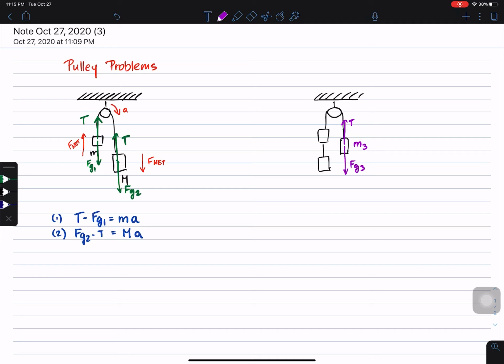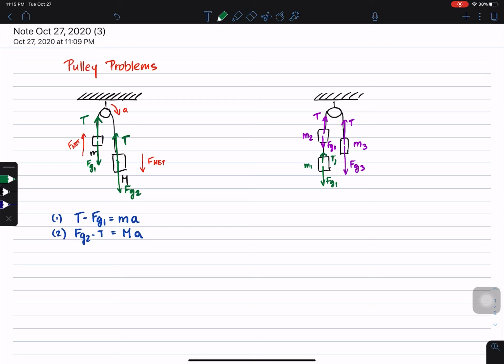For this one, let's call it Fg2, and the reaction force to this tension is T, and that's my object M2. But now let's look at object 1, M1, and again it's going to have Fg1, but now here's a tension that I'm going to call T1.